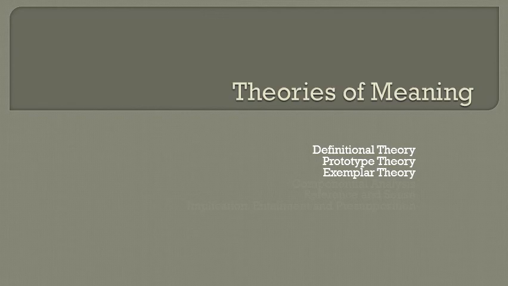The third disadvantage is that, according to the definitional theory, all the members of a particular concept will have the same status. For example, if you have a concept like animal, then all the animals inside that category will have the same status.